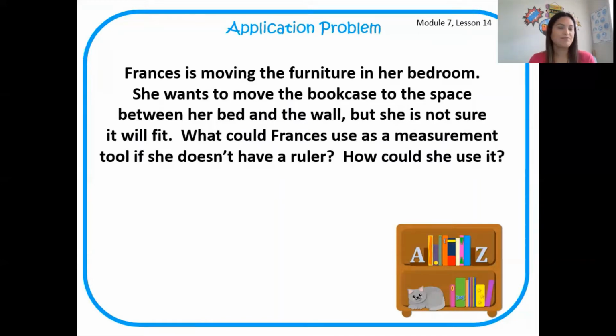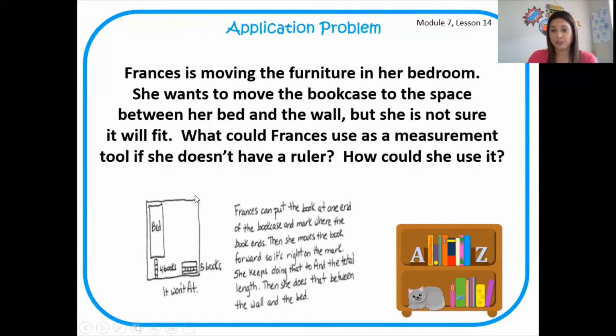Okay, I'm sure you're done. So let's go ahead and figure out, this is what Ms. Juarez drew. I made a picture of her bedroom. That's the bed right here, and then I put the wall right here. So this is her bookcase.